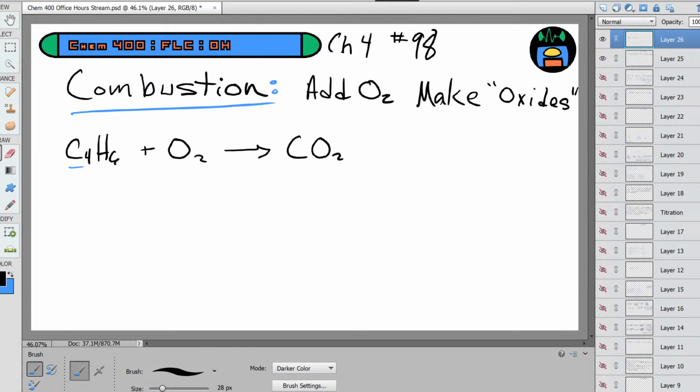There's the carbon-based oxide plus the hydrogen-based oxide, which is dihydrogen monoxide. So you take the elements in the thing that's reacting with oxygen and you're going to produce those elemental oxides. So carbon dioxide and water are the products of a hydrocarbon being combusted.